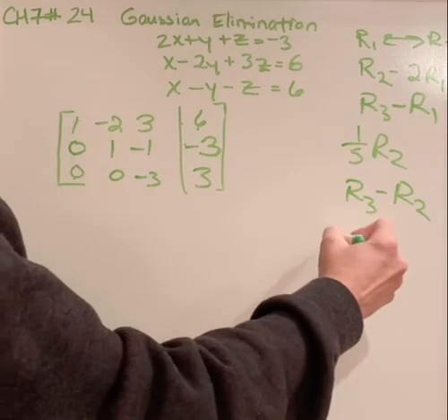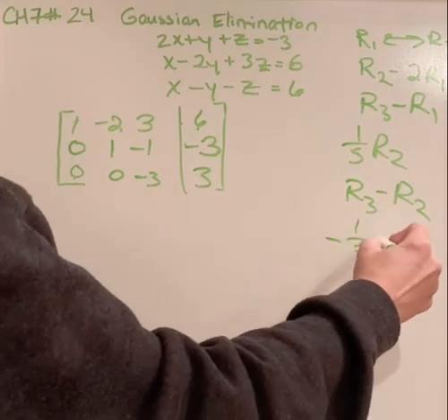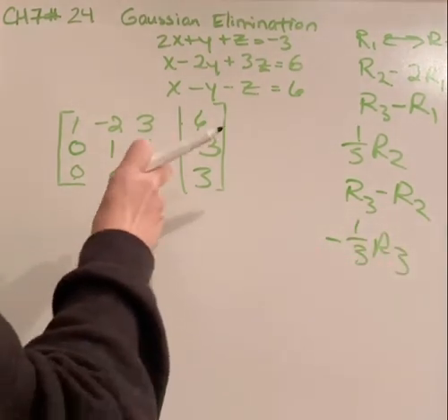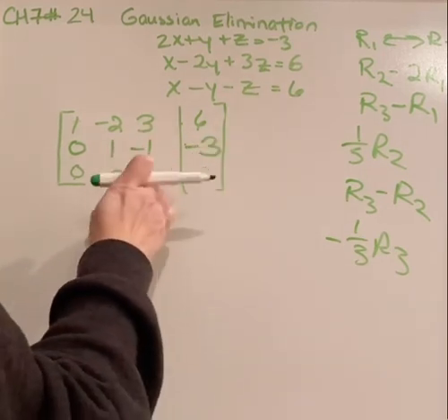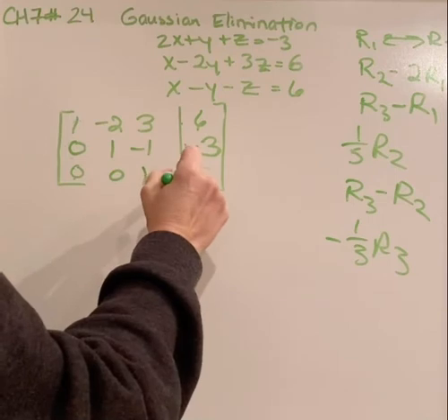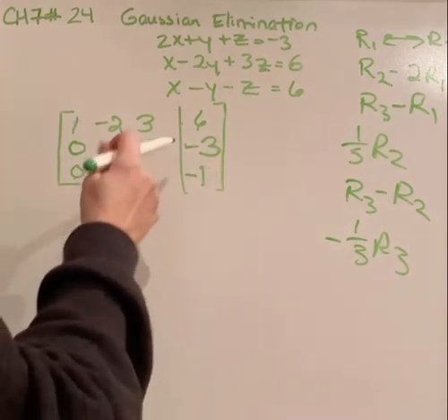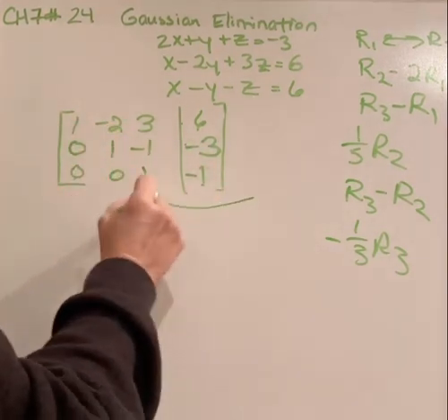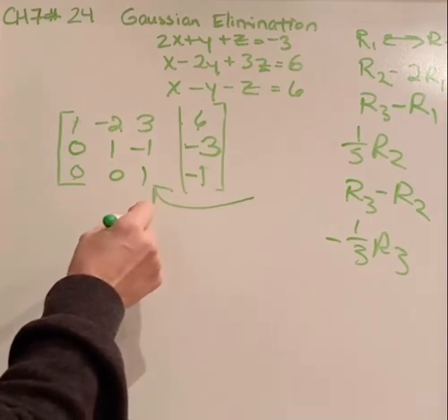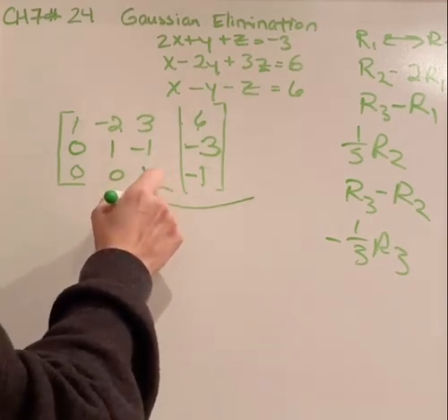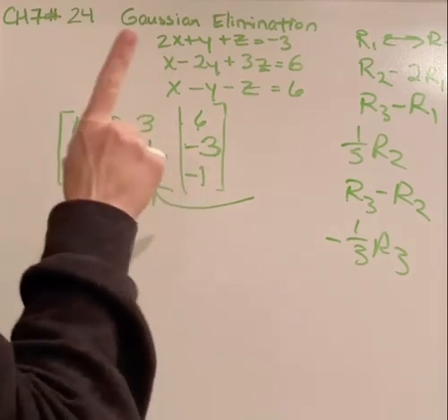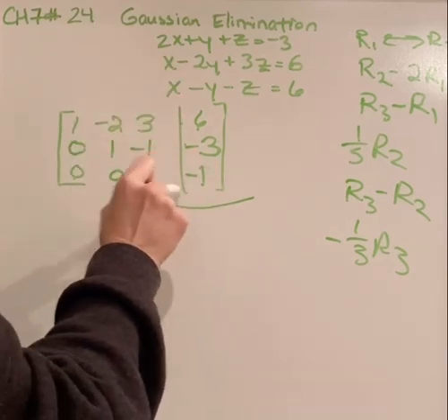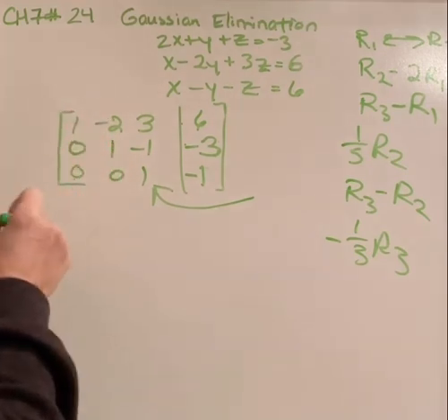And lastly, I'm going to take 1/3 of row 3, so it's going to change this to 1 and -1. Now I can rewrite. Once I have this last column as a 1, then this is solved in terms of one variable. So then I can start to substitute it back into the other equations.